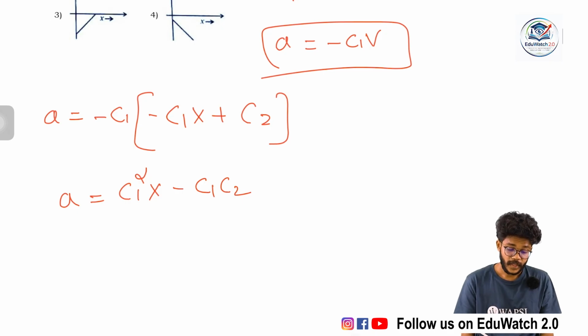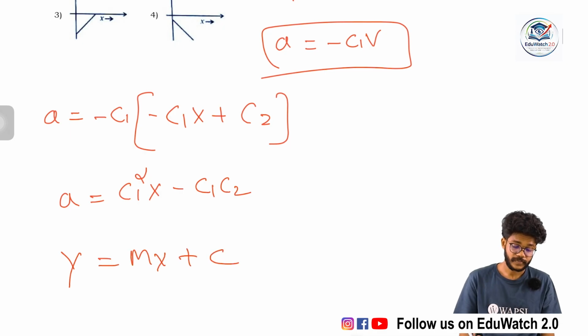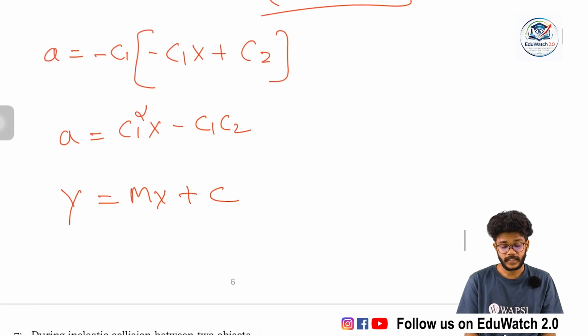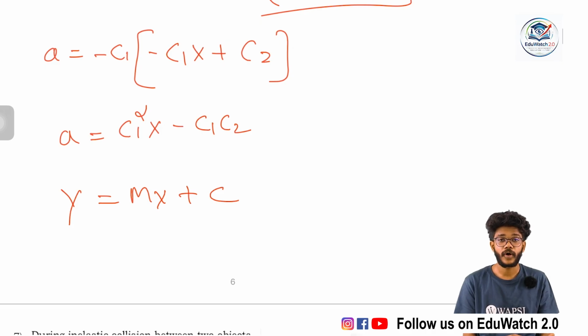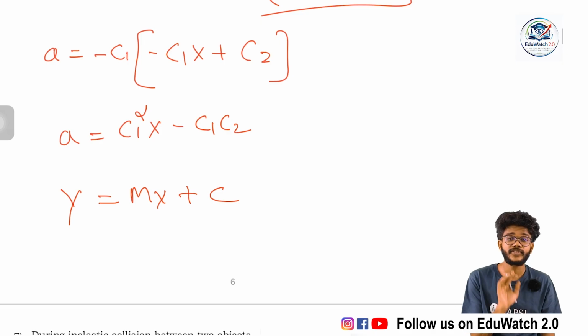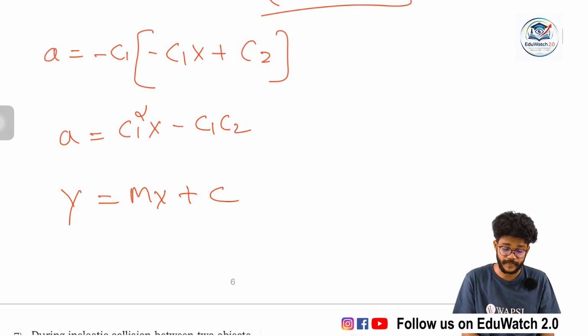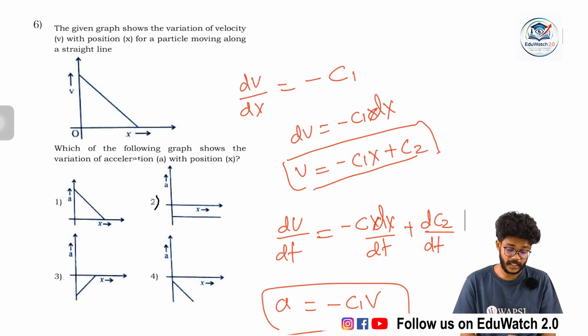That means this is an equation for a line. Compare with y is equal to mx plus c. m is the slope of the graph and the slope is c1 square. c1 square is always a positive quantity, that means the slope is positive. When acceleration is on the y axis and x on the x axis, the slope will be a positive quantity.